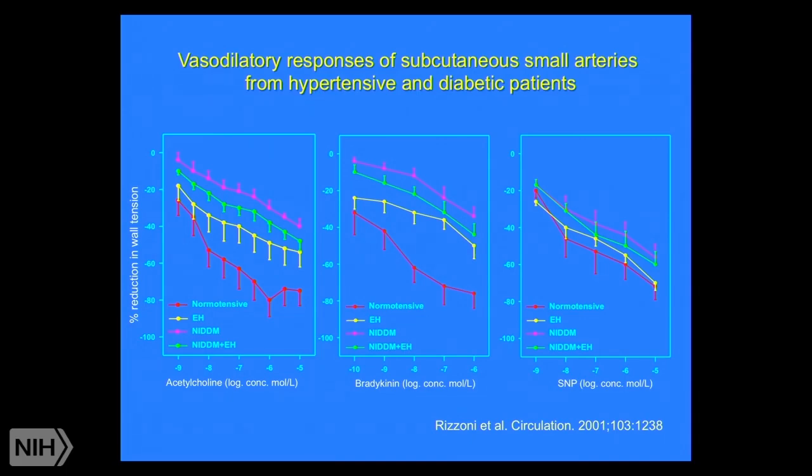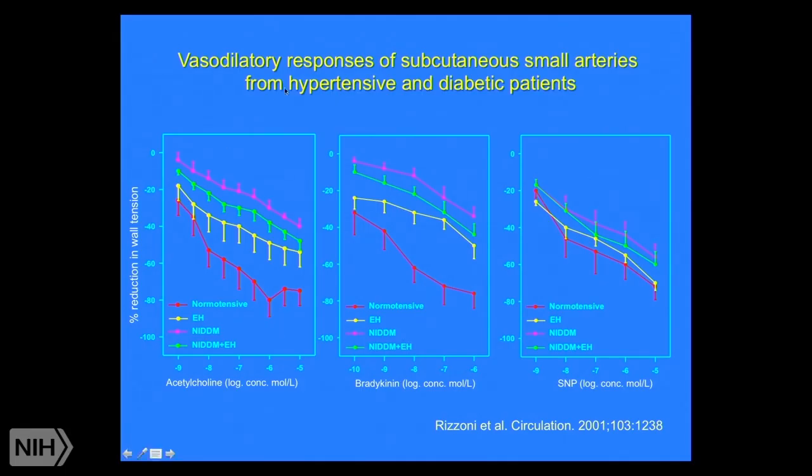diabetic subjects and hypertensive diabetic individuals? Well, this, coming again from Rizzoni's work, the Brescia group, shows endothelial function here, both for acetylcholine and for bradykinin, which has an EDHF component, in contrast to acetylcholine, which is mostly nitric oxide mediated.